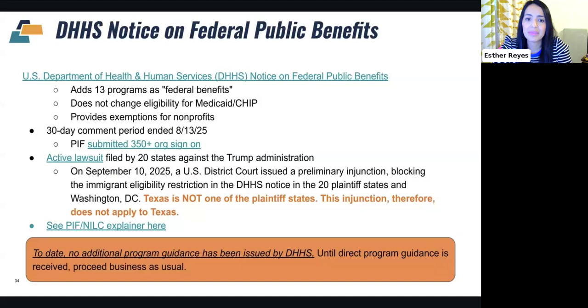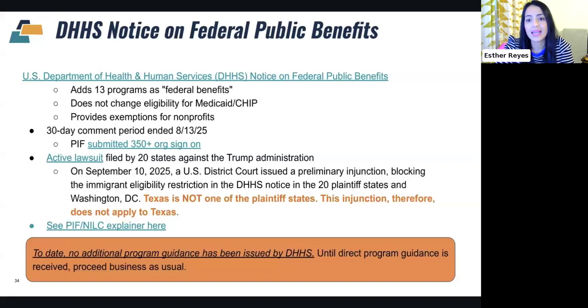Okay, I also wanted to provide a few updates on recent changes and actions by the administration that impact our work. So in July, the U.S. Department of Health and Human Services published a notice that reinterprets the meaning of federal public benefit in the 1996 welfare law.